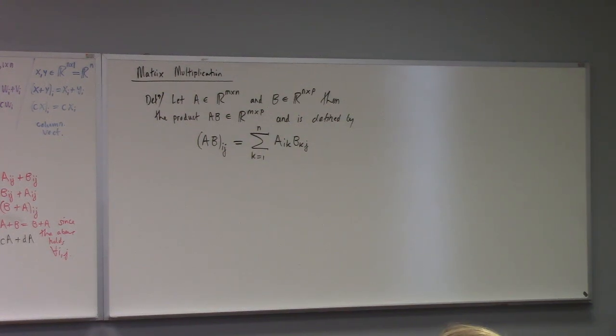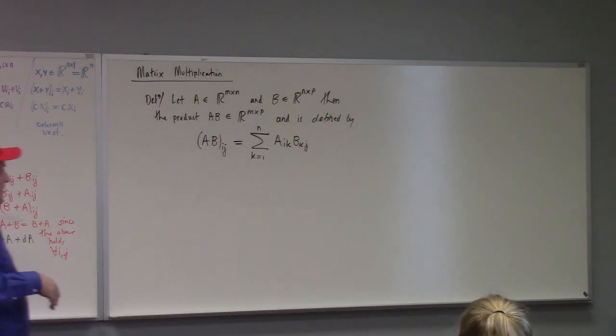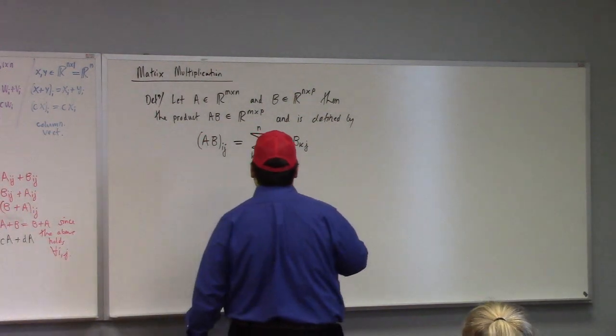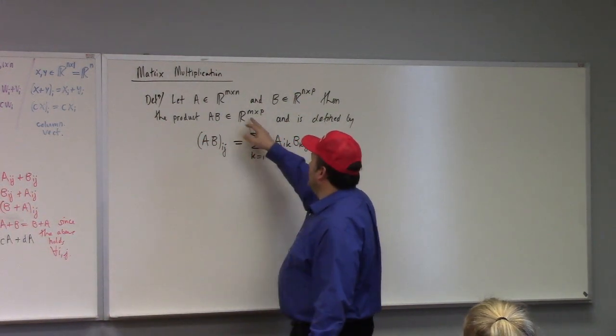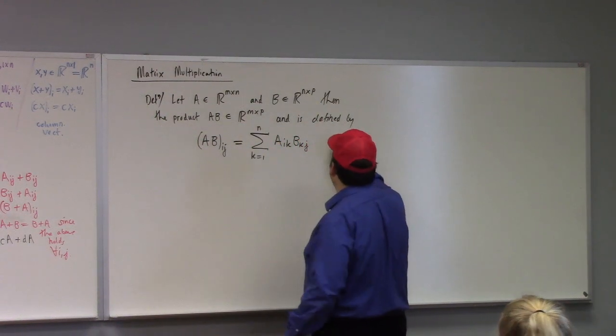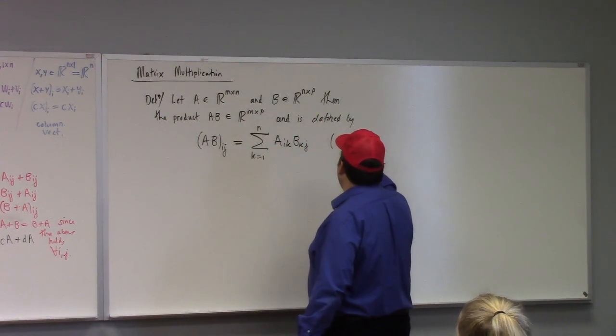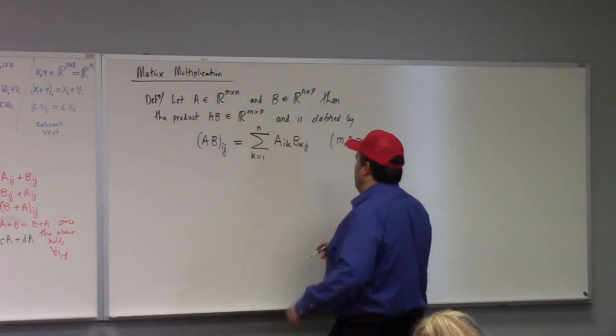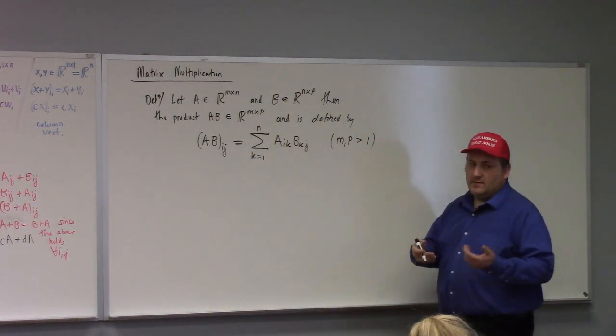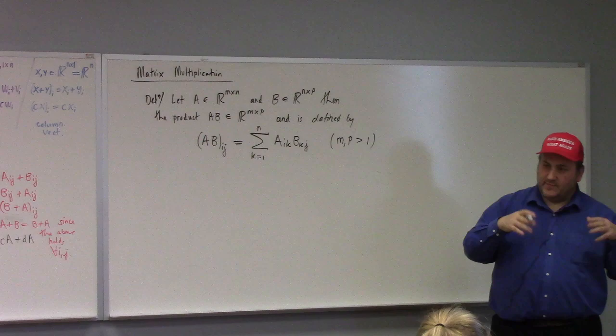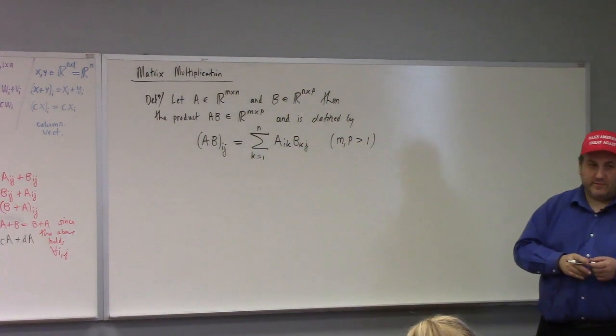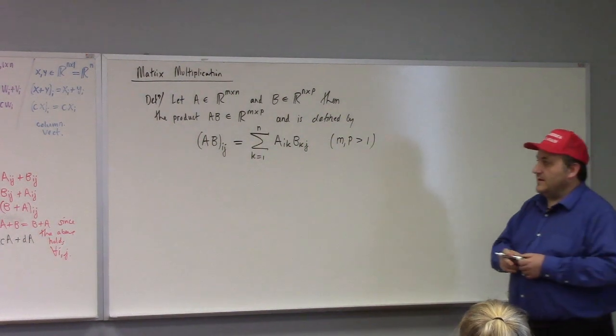This is the notation we need basically for both m and p greater than 1. If m and p are both greater than 1, then the i and j indices both range over more than one value, so we really need them.